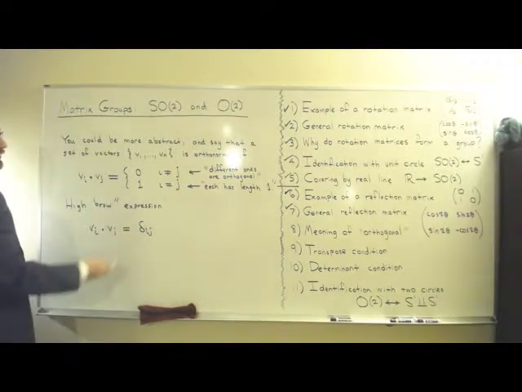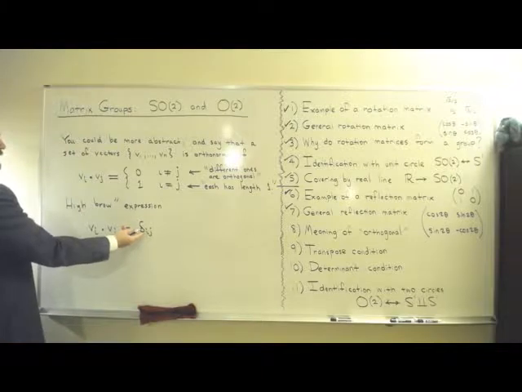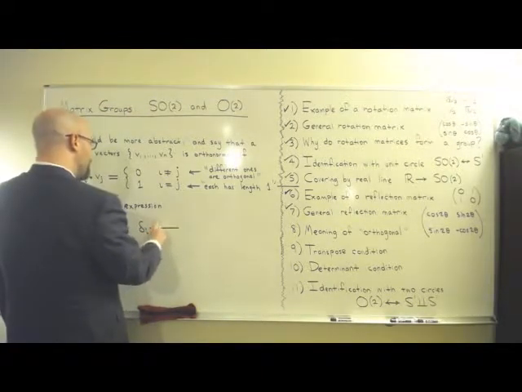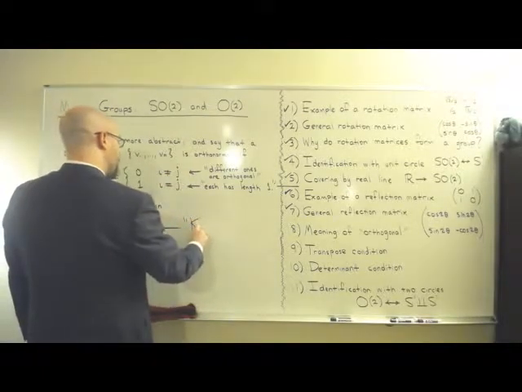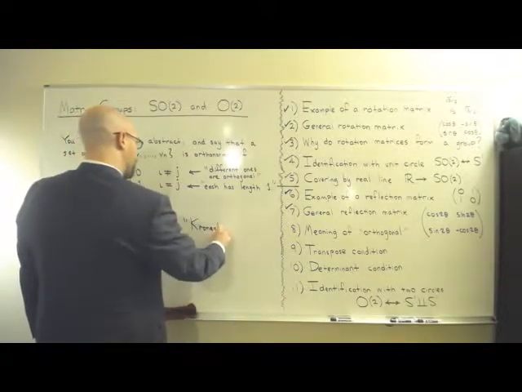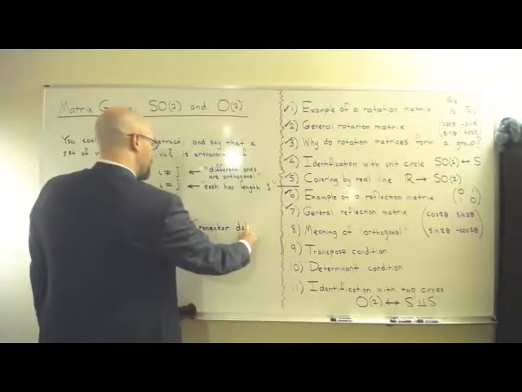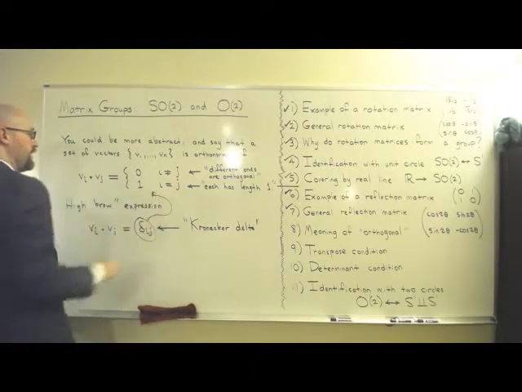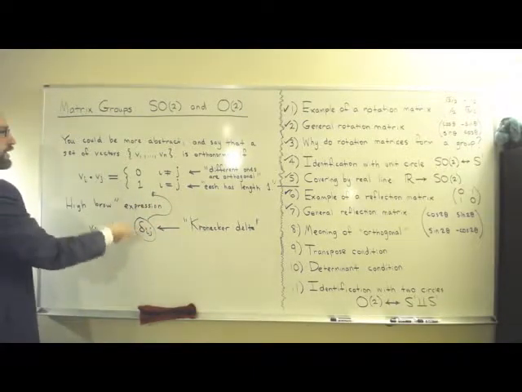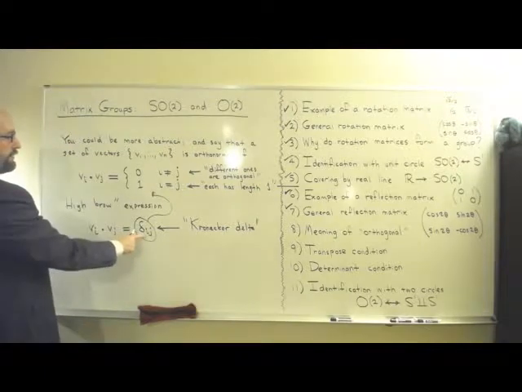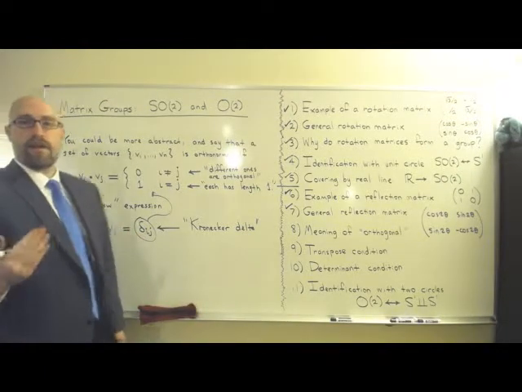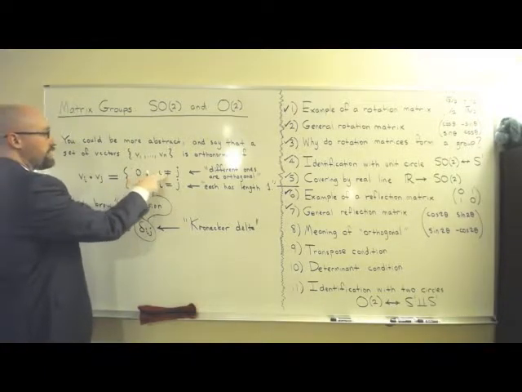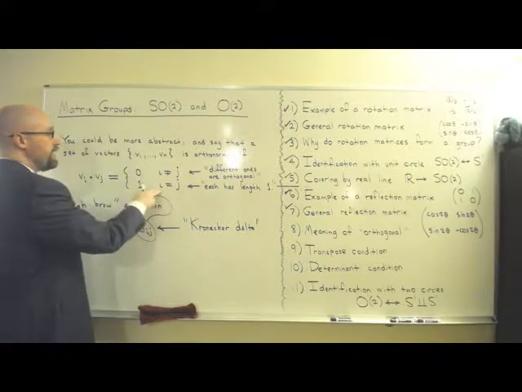This is written in a variety of ways; sometimes they'll write a lower index and an upper index. But this is what's called the Kronecker delta. It's just a symbol that has a value of 0 if i is not equal to j, and a value of 1 if i is equal to j.